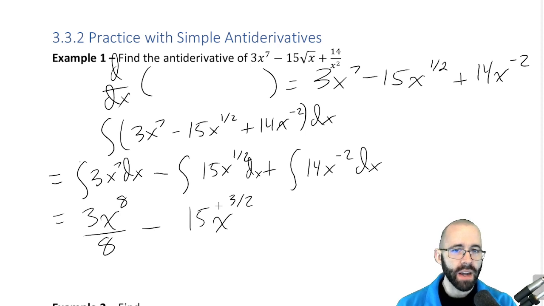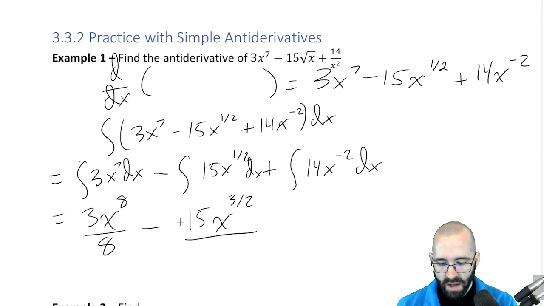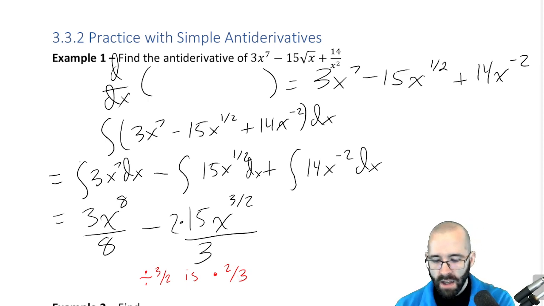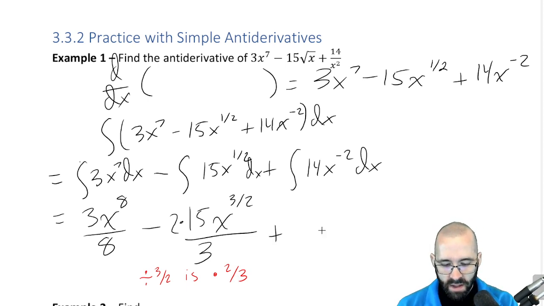Divide by that new exponent. So we need to divide by 3/2. That's the same as multiplying by 2/3. Right, dividing by 3/2, multiplying by 2/3. And then the last one, add an exponent, divide by that exponent.